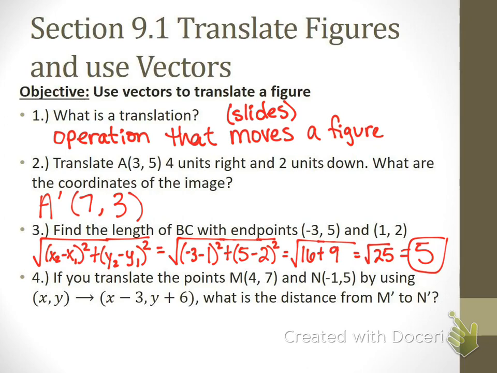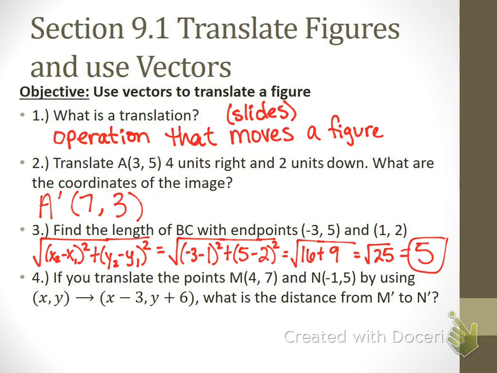But if we are just shifting or translating this segment, what's true about the distance between M and N and the distance between M prime and N prime? The distance is going to be the same.